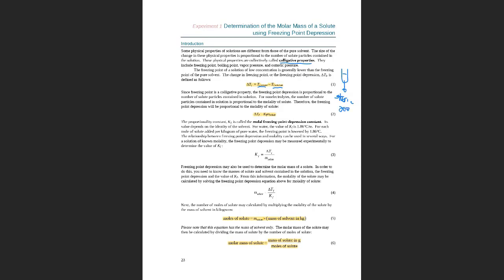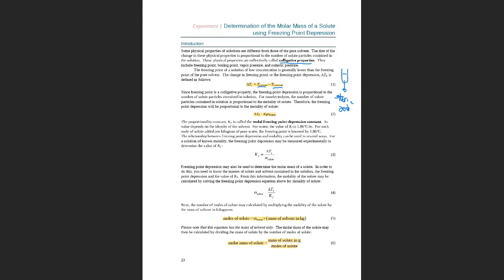So if you have stearic acid that is liquid, you warm it up and it's liquid, and then you let it cool down until it freezes. And that is the freezing temperature. We will go over that.